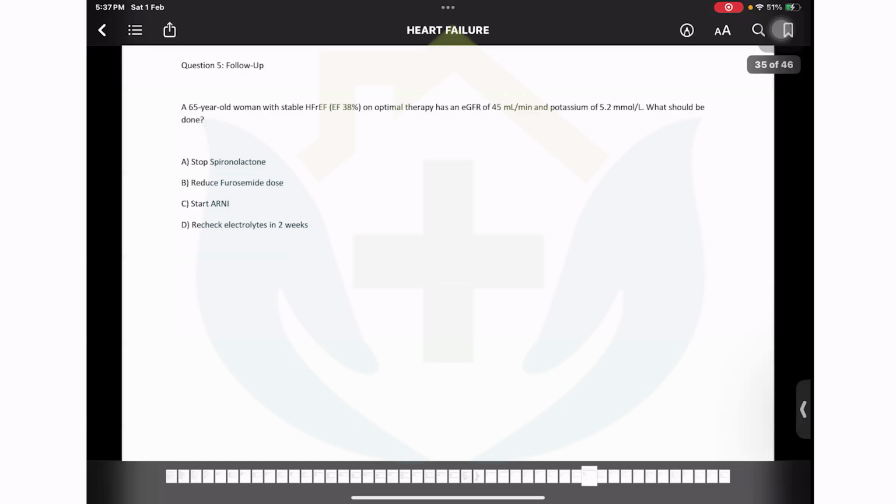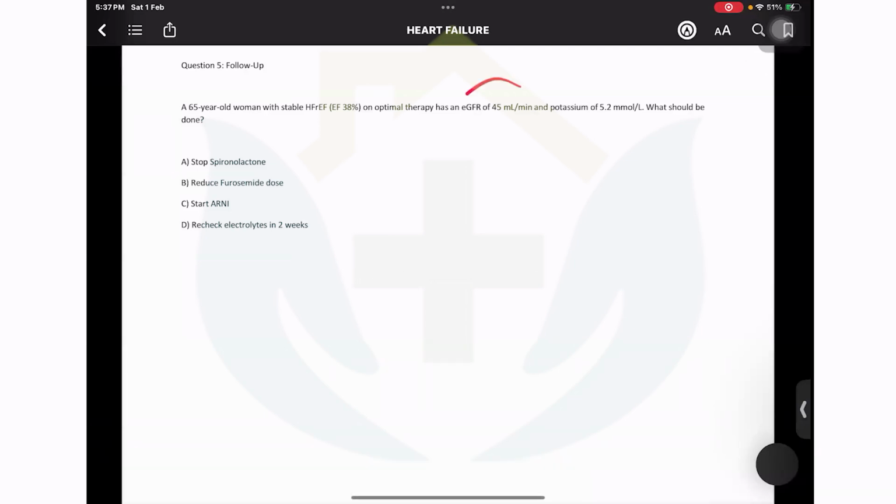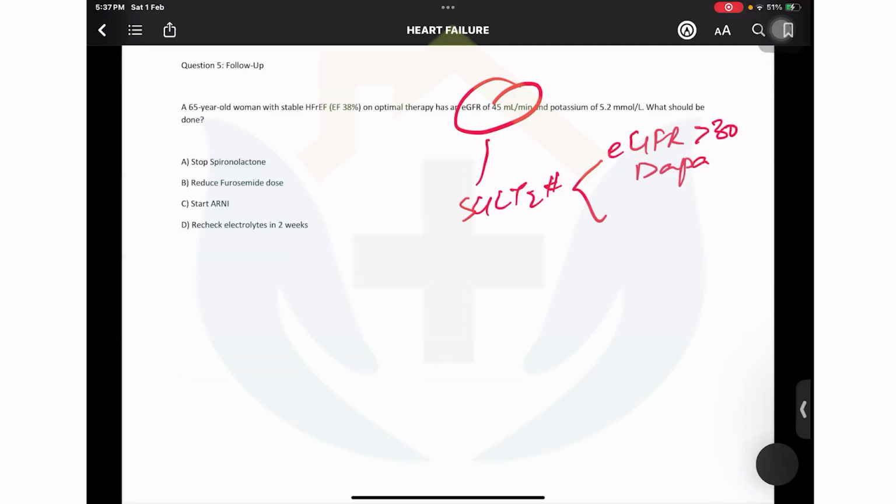Okay. Next question. A 65-year-old woman with stable HFrEF on optimal therapy. Oh, the GFR has dropped down to 45. All right, guys, I want to tell you something. So SGLT2 inhibitors, if the eGFR is above 30, you can give DAPA plus EMPA, either of them.